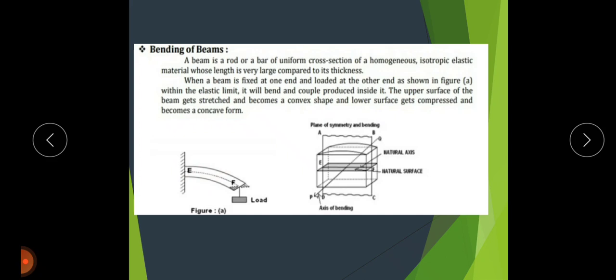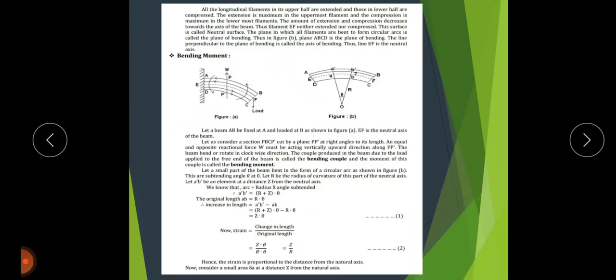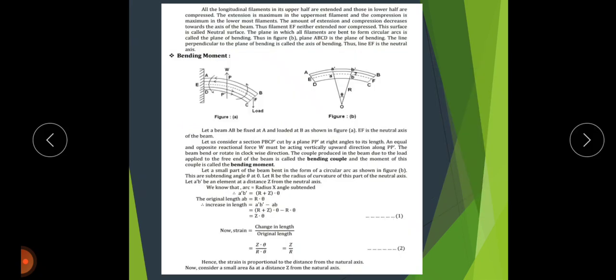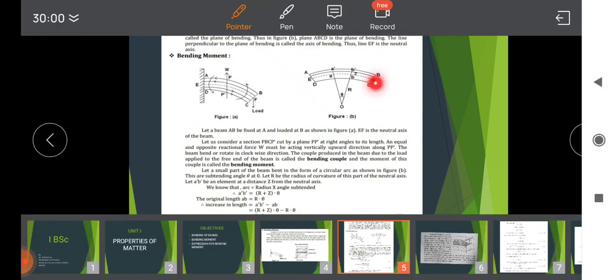Thus in figure B, the plane ABCD is the plane of bending.